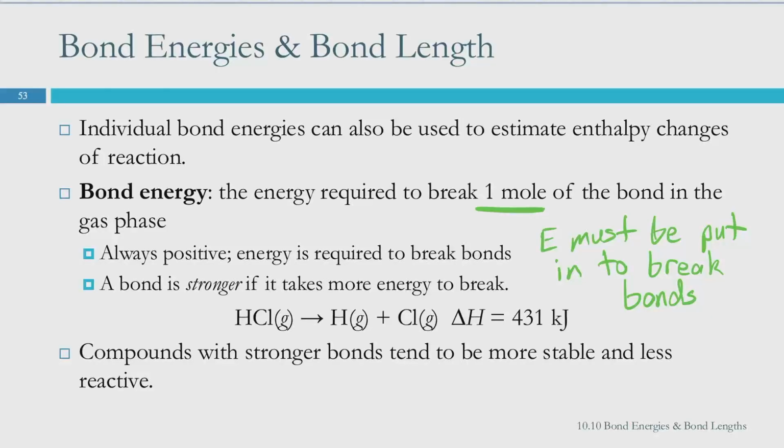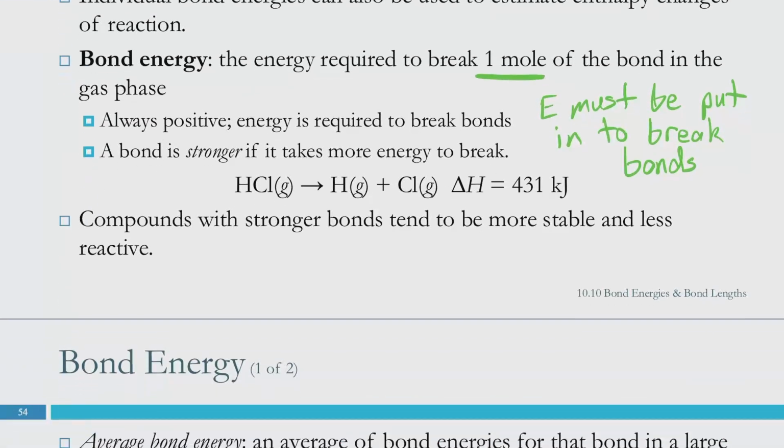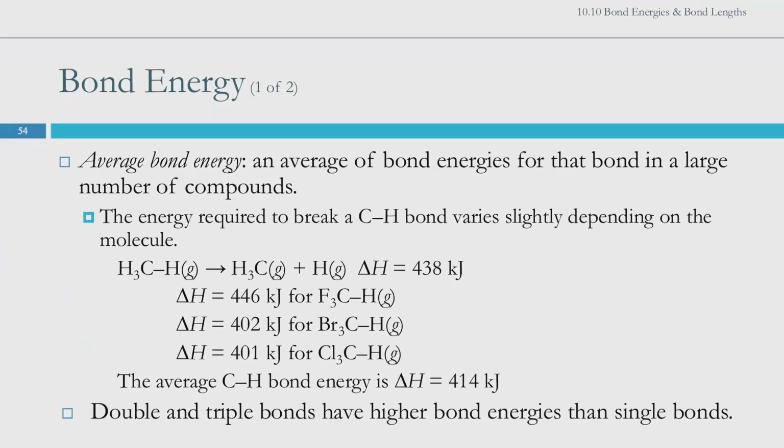Energy is going in or coming out? Energy is going to be coming out. So if it takes energy put in to break the bonds, to snap the bonds, energy is going to come out when we form new bonds. Compounds with stronger bonds tend to be more stable and less reactive because it takes more energy to break them.